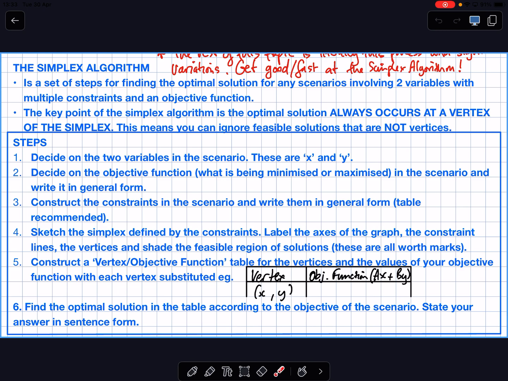So if you did the homework for week 11, there was a couple of questions that said, what are all the optimal solutions? And one of our friends here that came to the holiday shoot, you're like, do you actually mean that I have to count every dot within the coloured point? Yes. But that leads into this, because what have I just said? The optimal solution always occurs at a vertex of the simplex.